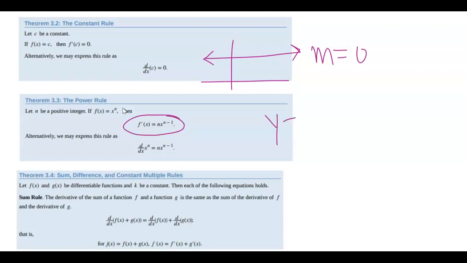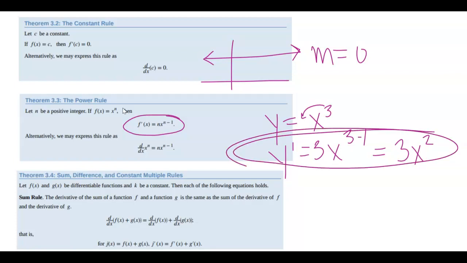So for example, if y was equal to x cubed, then I would say y prime is take the power, bring it down, subtract 1 from the exponent, and so 3x squared is going to give me the derivative. And so this is our shortcut right here.